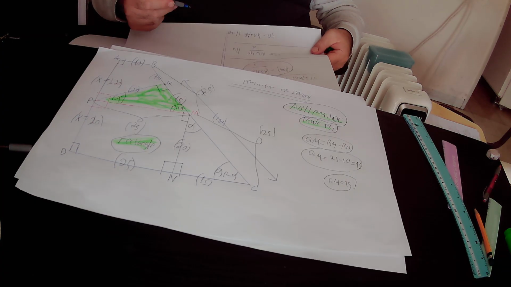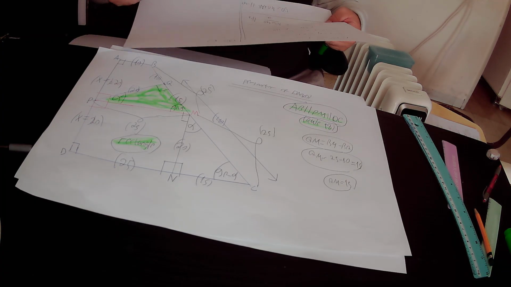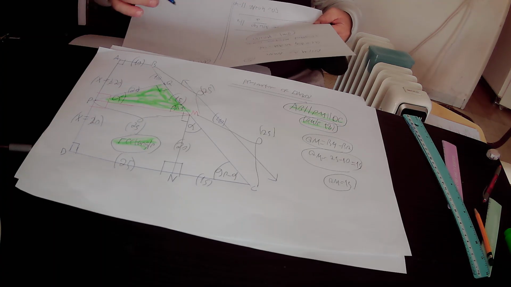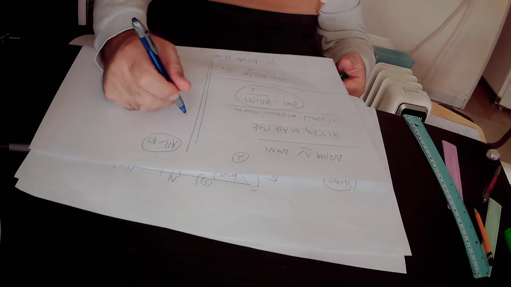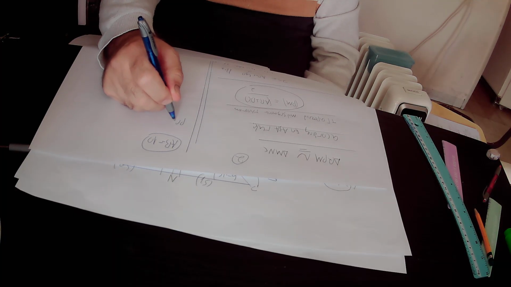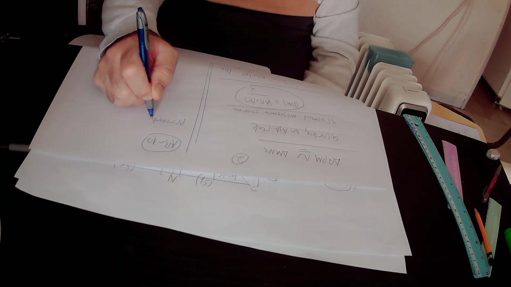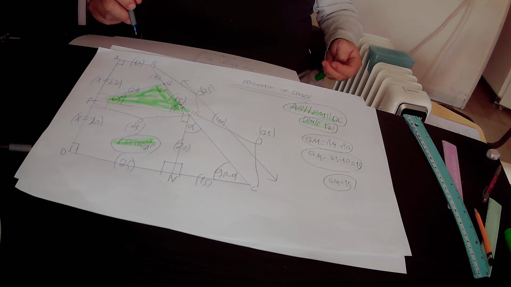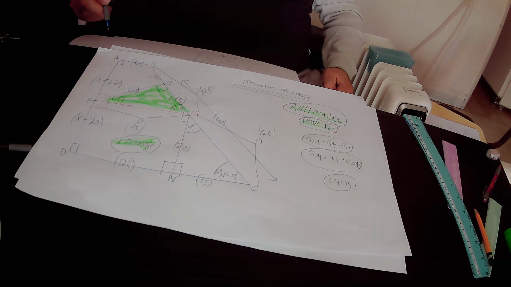So now we found out that the perimeter of this quadrilateral ABCD, the trapezoid ABCD, is equal to the sum of its four side lengths.